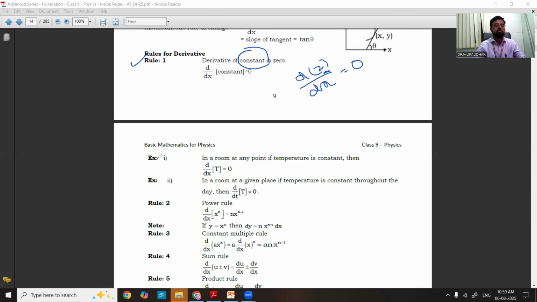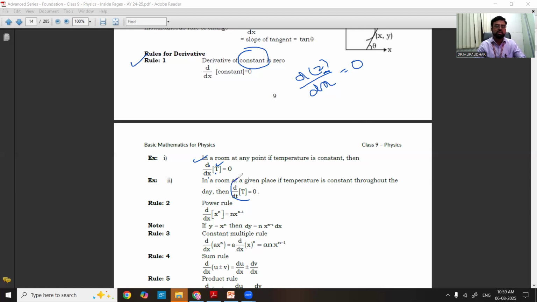Then an example is given. In a room, at any point, if the temperature is constant, then d theta by dx, where theta is nothing but the room temperature, is always 0. The second example: in a room at a given place, the temperature is constant throughout the day.